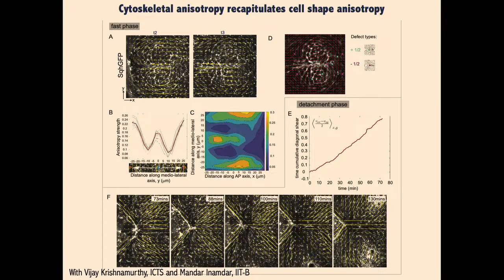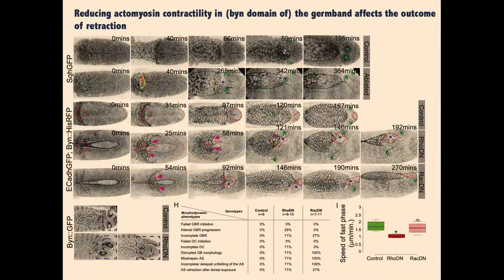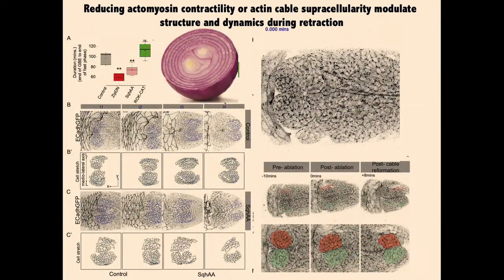I am not going to talk about this part just now, but what that allowed us to say was that the anisotropy in the cytoskeleton mimicked the anisotropy in cell shape, and so we set out to ask whether the cytoskeleton actually governs these morphodynamic differences we see.